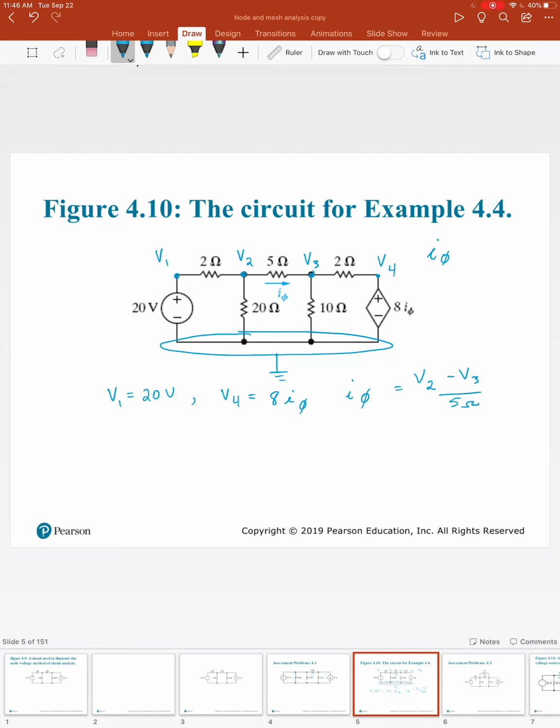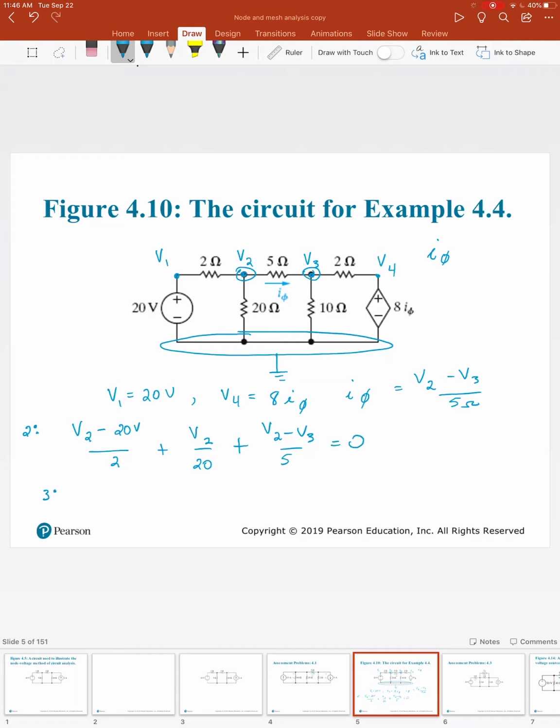So that is all the non-node equations, leaving two node equations that need to be written, one at node 2 and one at node 3. So at node 2, I have V2 minus V1, which is 20 volts, over 2, plus V2 over 20, plus V2 minus V3 over 5 is equal to 0.